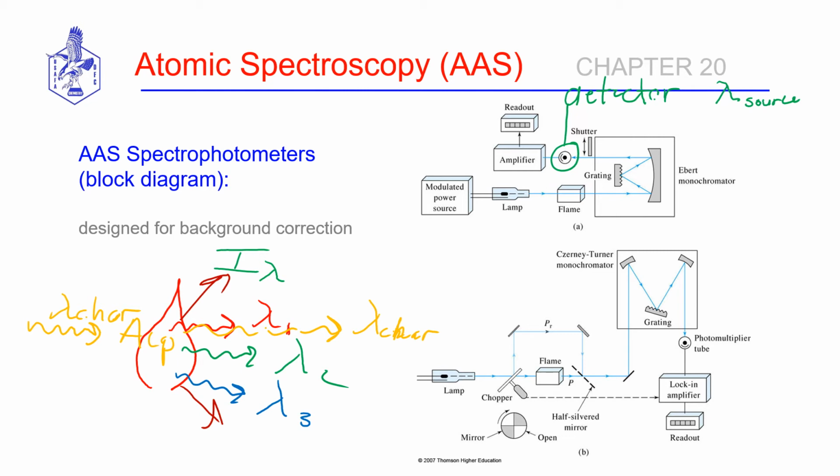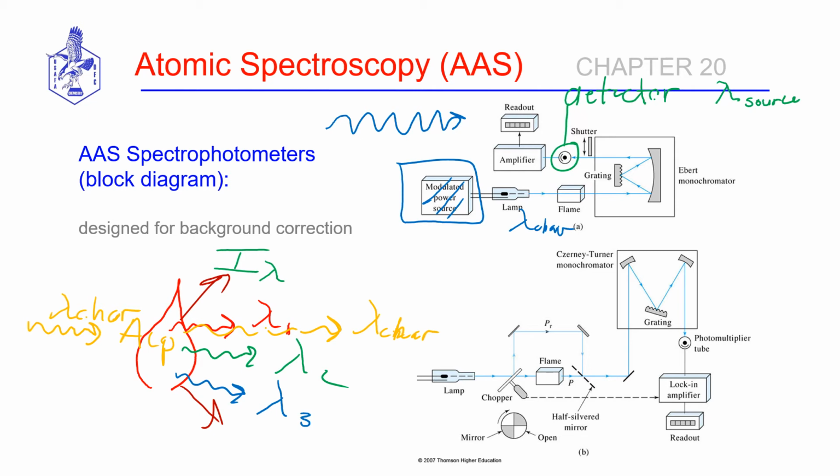One way of doing that is to modulate our power source, superimposing a frequency onto our power source so that the characteristic wavelength is only coming through at certain periods of time.